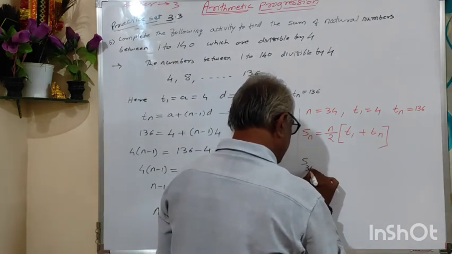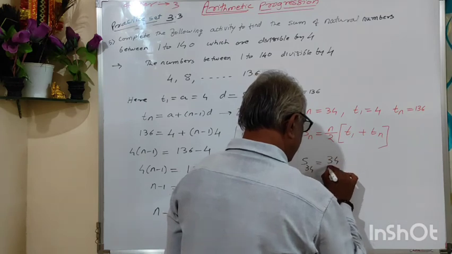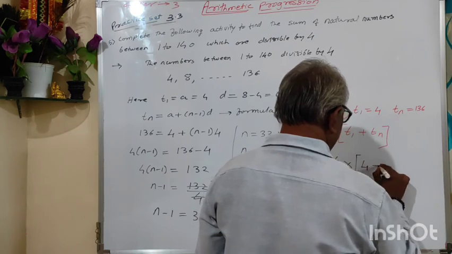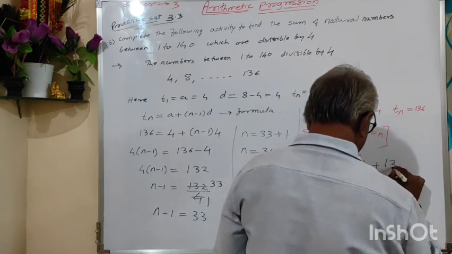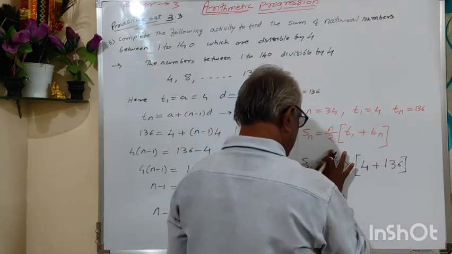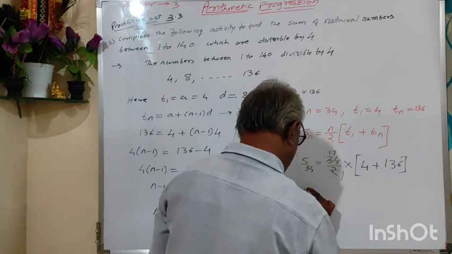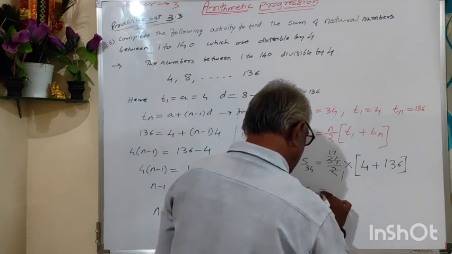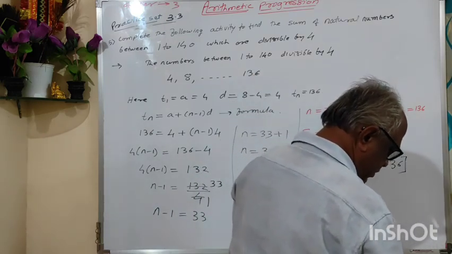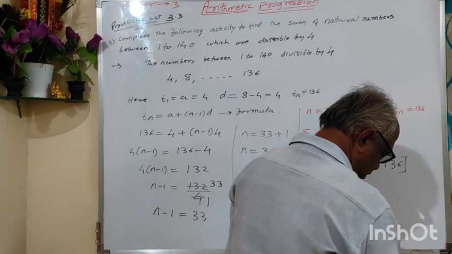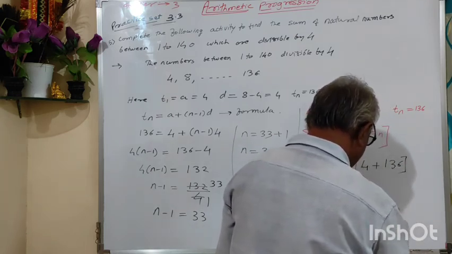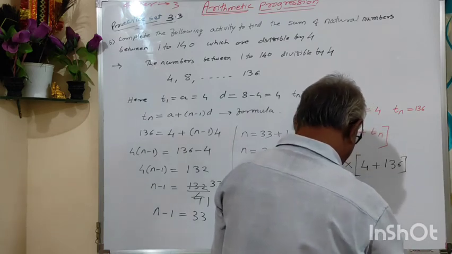So S34 is equal to 34 upon 2 into T1 is 4 plus Tn is 136. So 2 ones are 2, 2 sevens are 14, so 34 upon 2 is equal to 17 into, now you can add this both, that is 136 plus 4, that is 140.